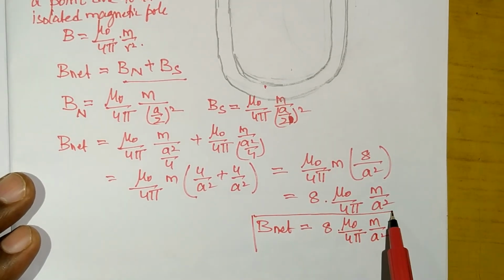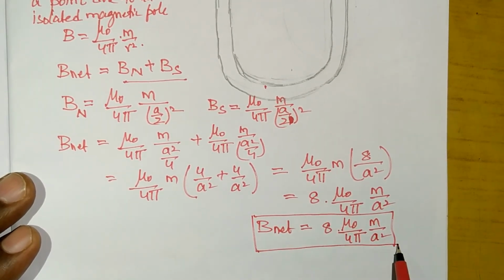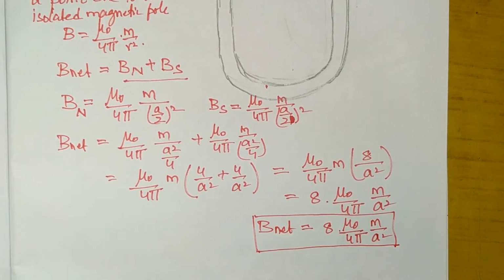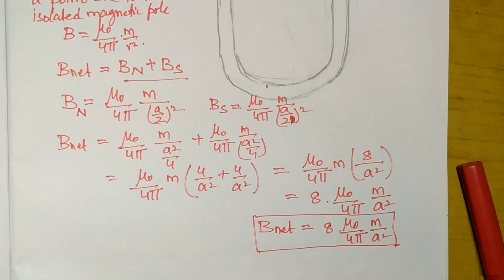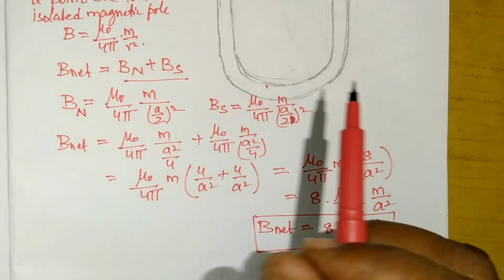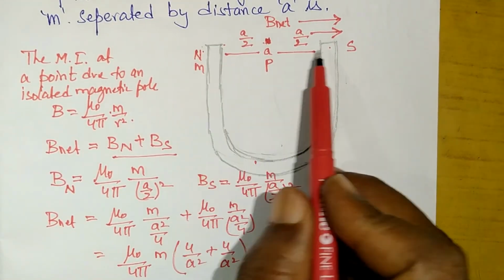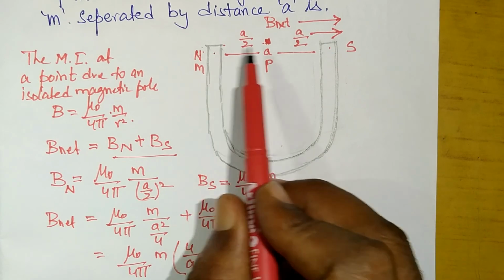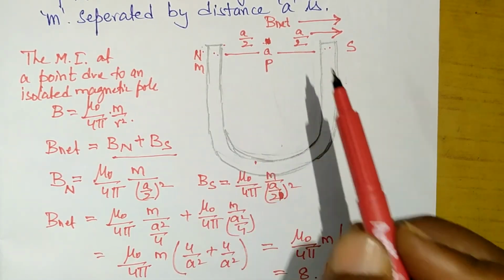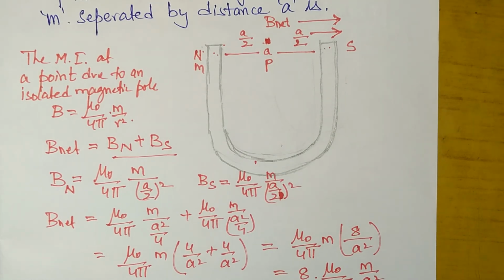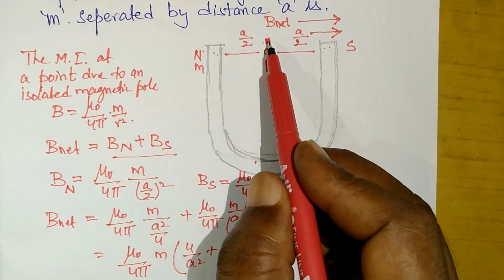Therefore, if a question is asked like which magnet has more strength around it, we know that a magnet has two poles, so the strength of the magnet is also large at the poles. Therefore, a U-shaped magnet will have more magnetic induction. So it is 8 times the magnetic induction at the center.